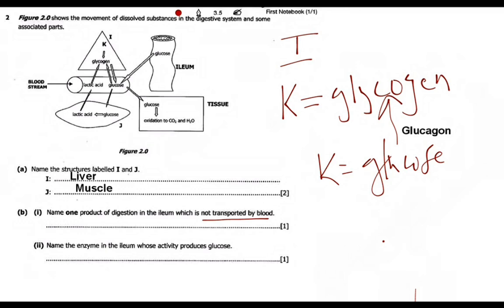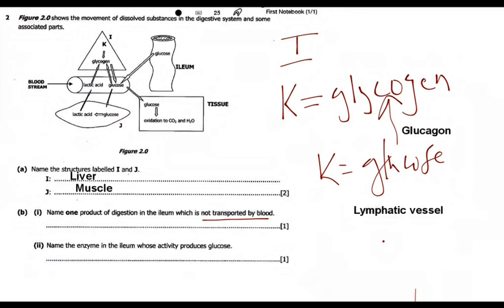If blood is not transporting that substance, it is being transported by the lymphatic system, which has these lymphatic vessels.